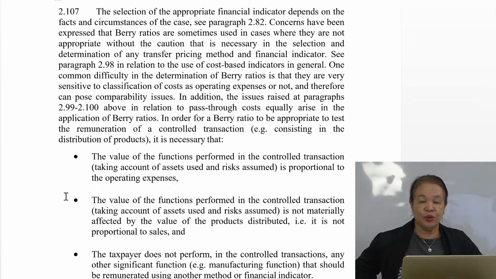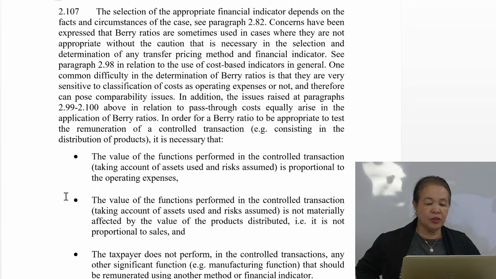See paragraph 2.82. Concerns have been expressed that Berry ratios are sometimes used in cases where they are not appropriate. So these are the observations, without the caution that is necessary in the selection and determination of any transfer pricing method and financial indicator. See paragraph 2.98 in relation to the use of cost-based indicators in general.